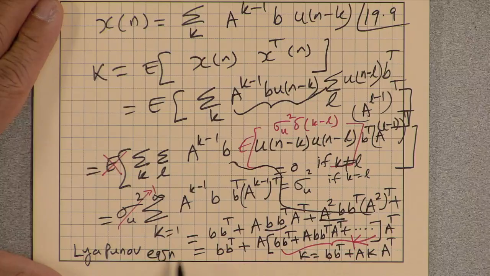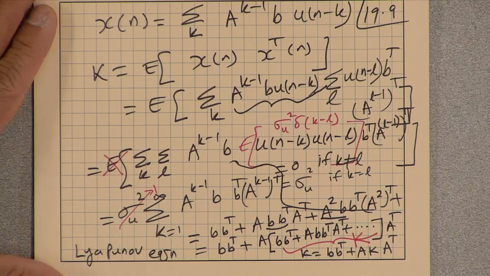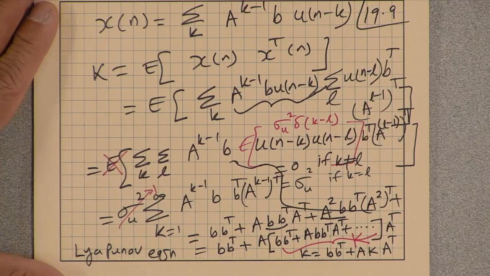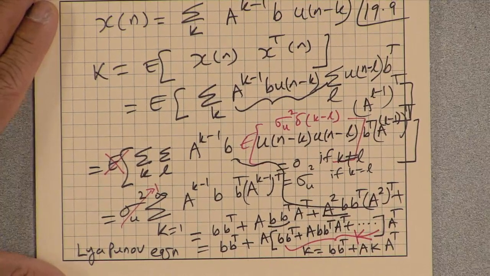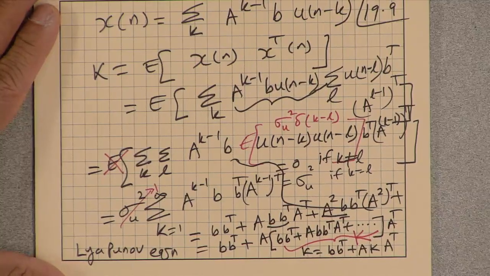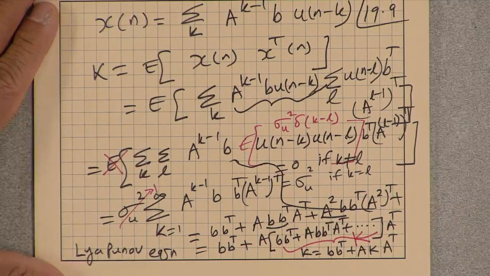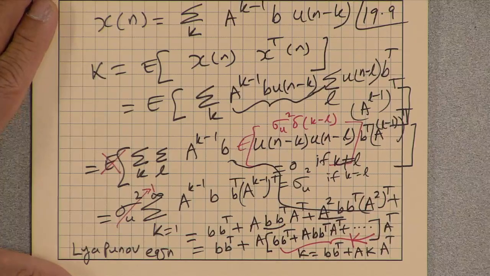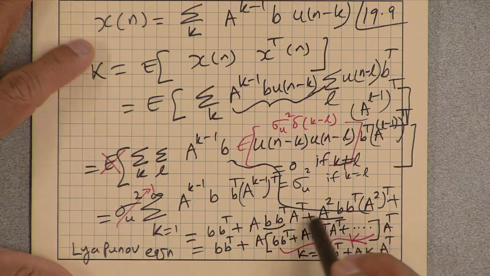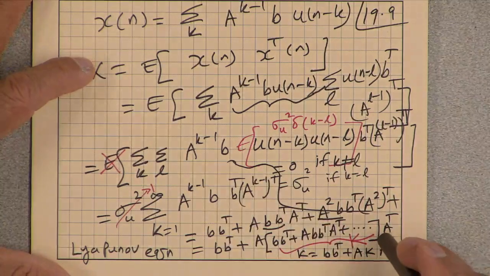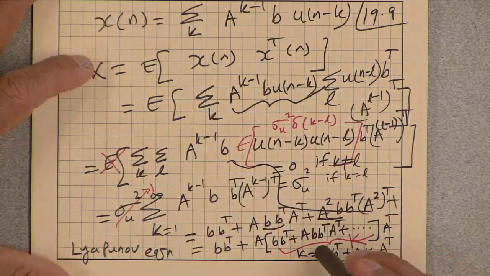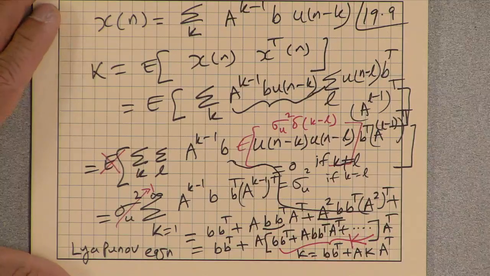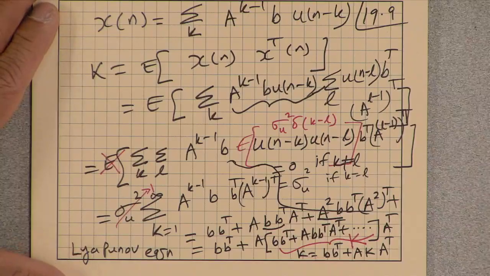So an equation that looks like this is called the Lyapunov equation, and we can of course compute this by a few lines of code. That's the Lyapunov equation for computing K: the K matrix can be expressed as K equals BB transpose plus A times K times A transpose.